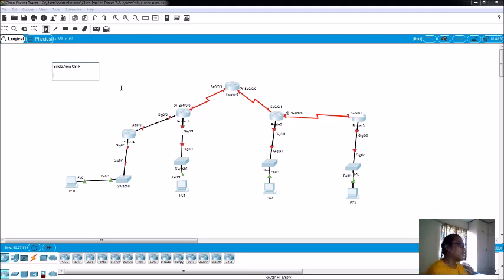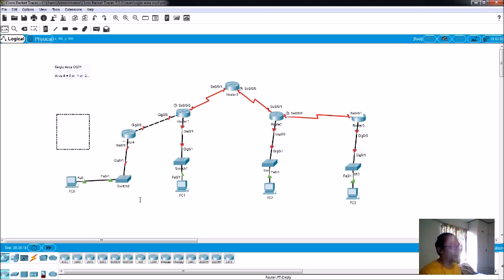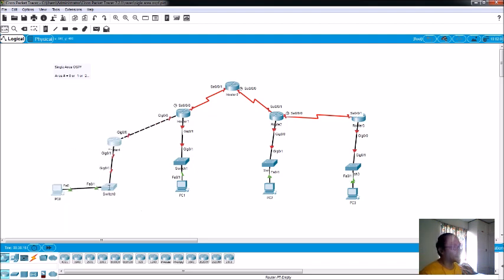Because we are only using a single area, whatever number we are going to use, let's say for example area equals 0, or 1, or 2, or 3, and so on. It depends on your implementation. But the best thing is that we need to know how to implement it.